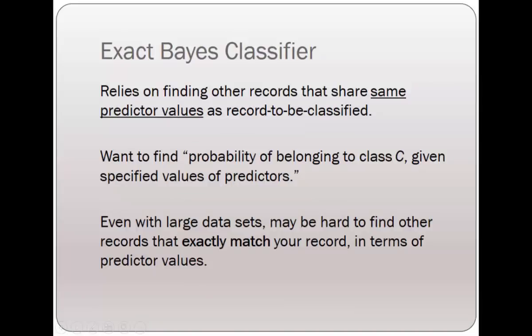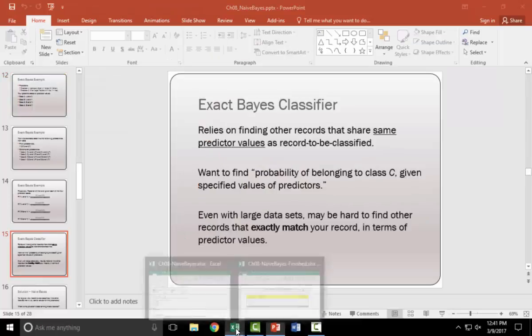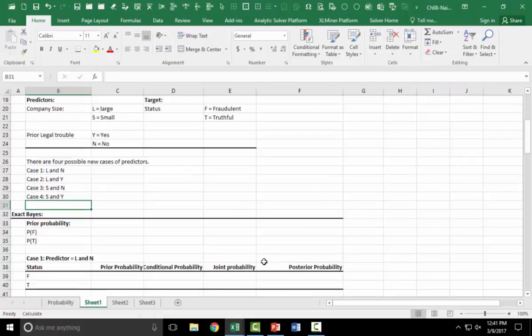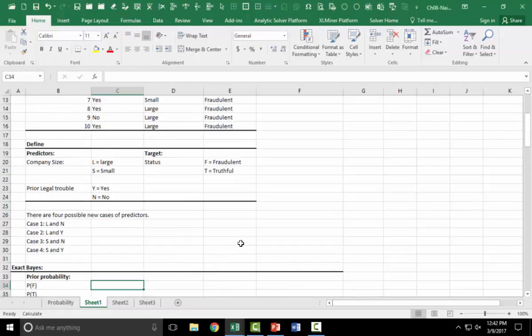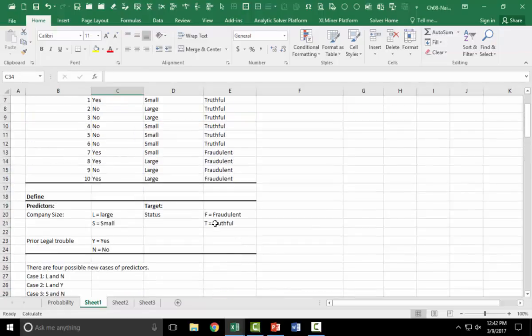Okay, so let's look at how this is done in Excel. So let's take one case at a time. Okay, so case 1. The predictor profile is that one, L and N. Again we start with prior probability. So what is the prior probability of F and T?